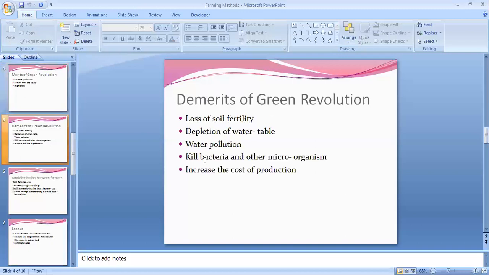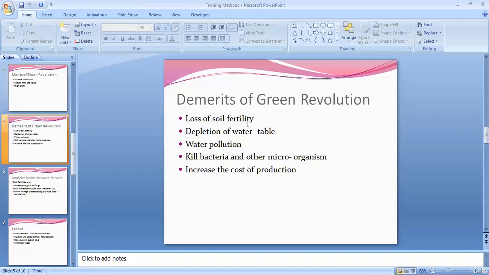But there are some demerits of the Green Revolution, or we can say, disadvantages. Number one, loss of soil fertility due to increased use of fertilizers.